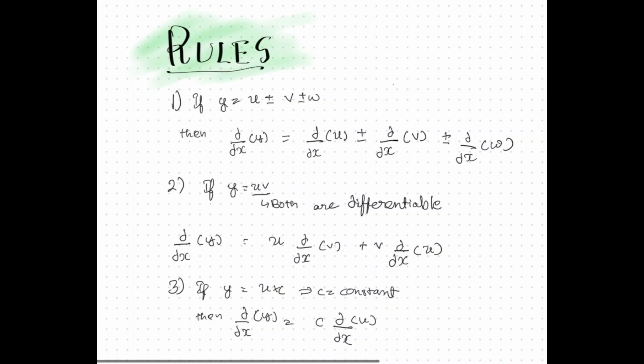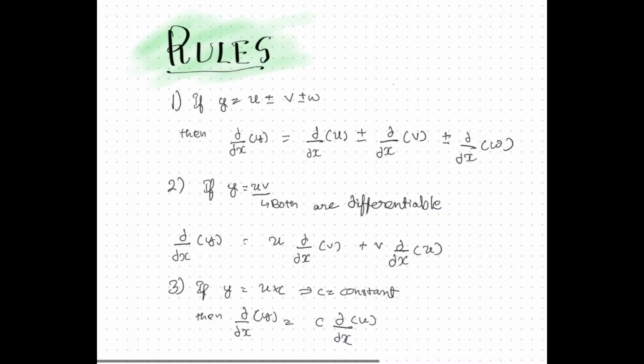If you want an example, I think they will be there in the future, or I'll just upload a problem video later on. So now let's go on to the second rule. The second rule is if y is expressed as the multiplication of two differentiable factors. Here you would take the first one constant and differentiate the second one for the first step, and you take the second one constant, differentiate the first, and you add both of them.